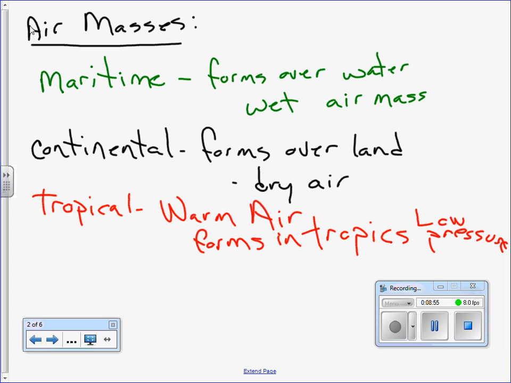And then finally, what is our 4th word to describe types of air masses? Polar. Which tells us what?